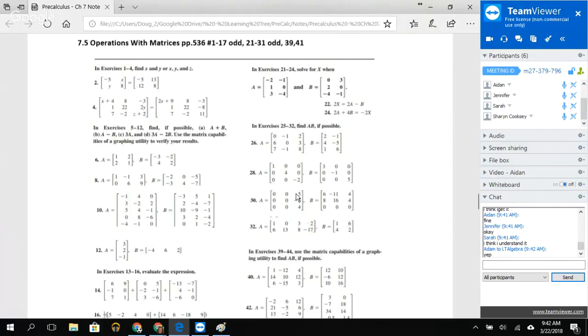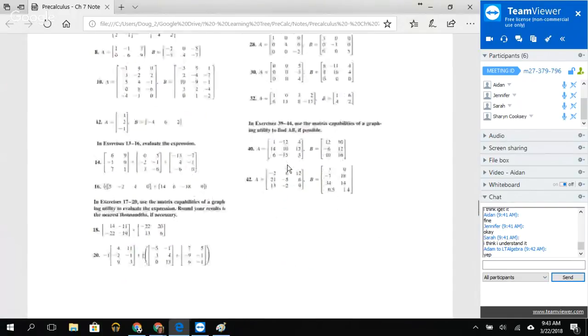And that I will save for Monday probably, because that's a whole different ballgame. When you have matrix A times matrix B, that's a little bit more complicated. So today, honestly, we'll get through probably number 20 through 24 here.